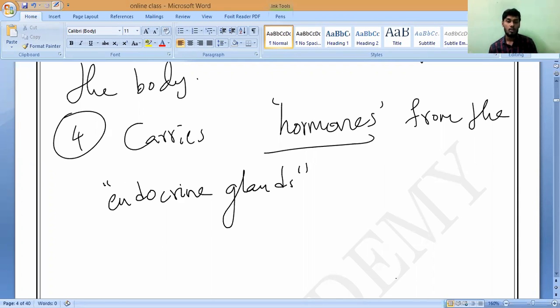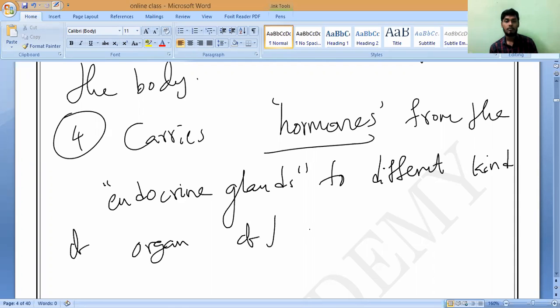Endocrine glands to different kinds of organs of the body. That is what you have to remember.